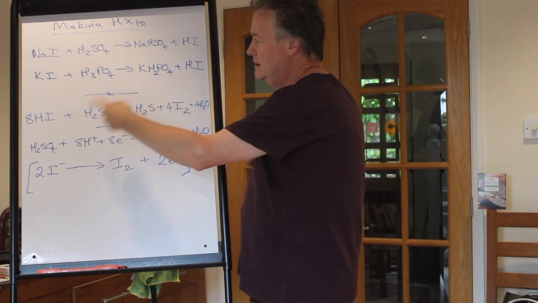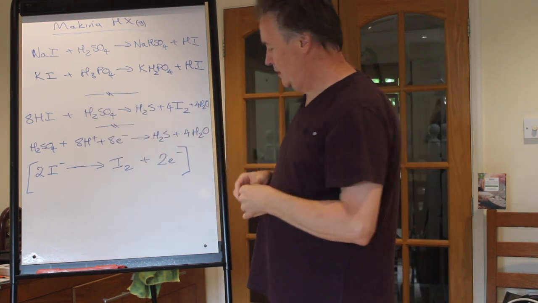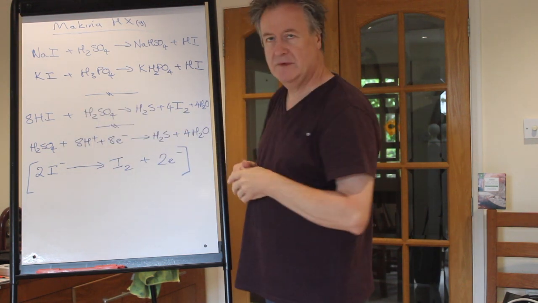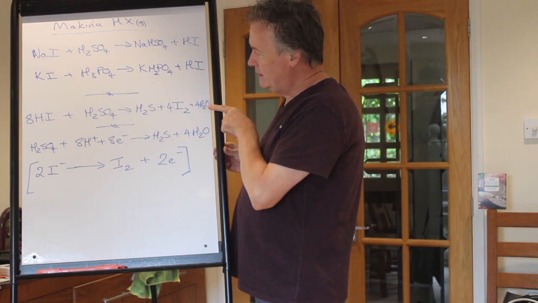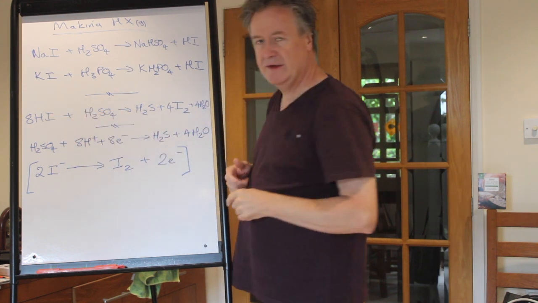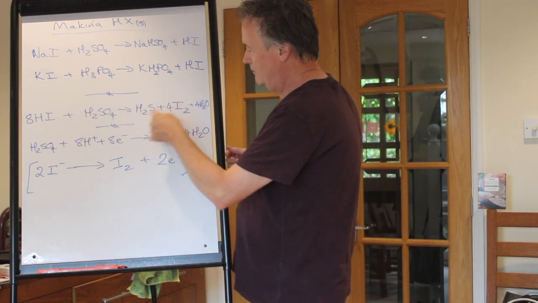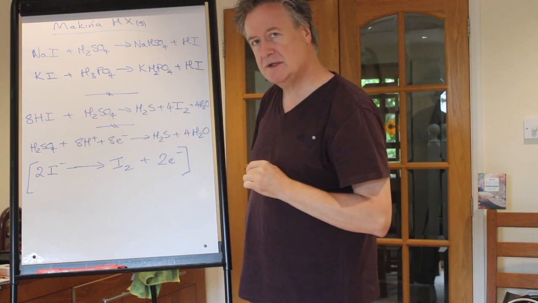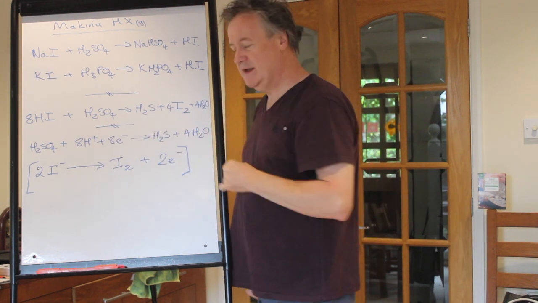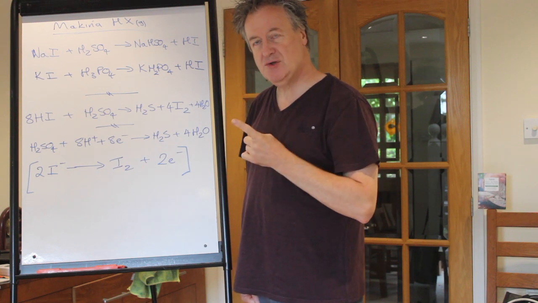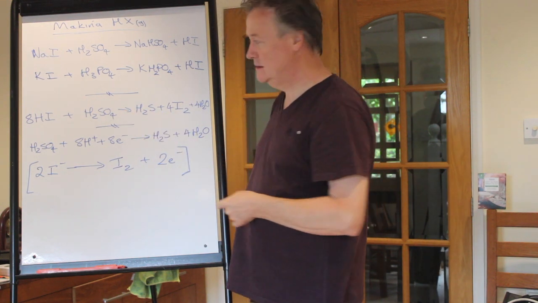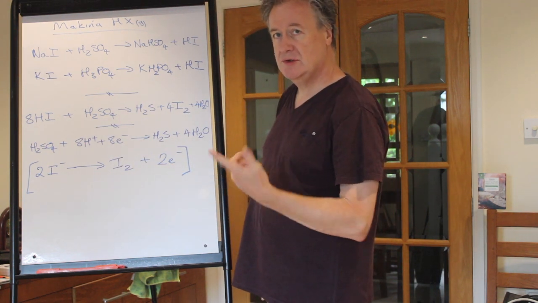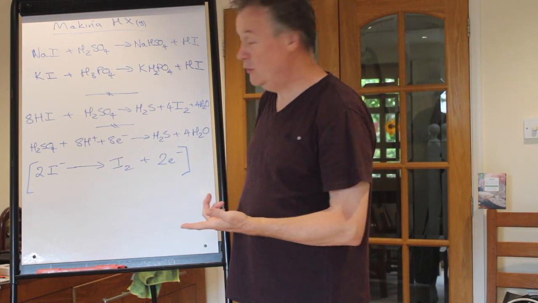Now when you get to the additional products, there's the reaction. I've balanced it already this time, so it's quite a reasonable size, balancing number of 8HI. The reason for that is sulfur there, oxidation number 6, sulfur there, oxidation number -2. That's a change of 8. So you're going to need 8 iodides to change, because they're only changing by 1.